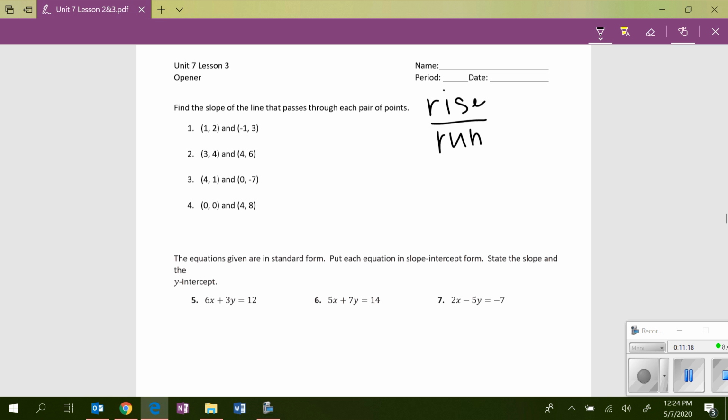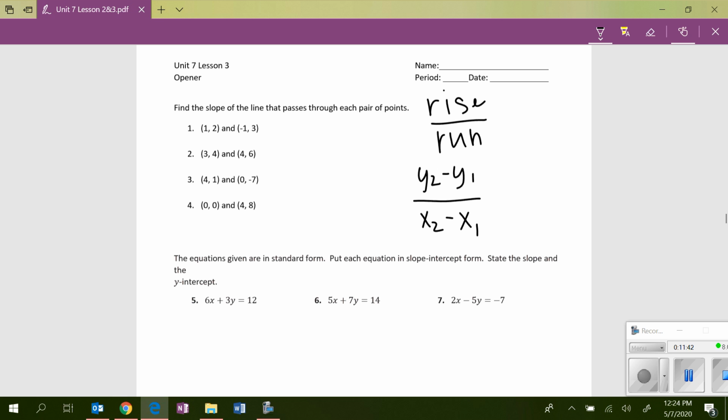You calculate this by taking 2 coordinates and plugging them into the equation y2 minus y1 over x2 minus x1. Now these x2, y2, y1, x1 all refer to the coordinates that you have.